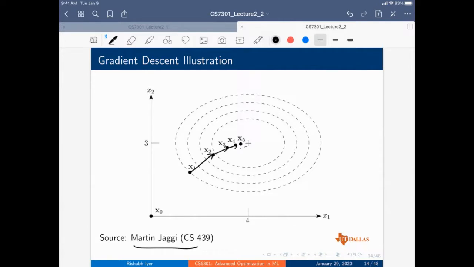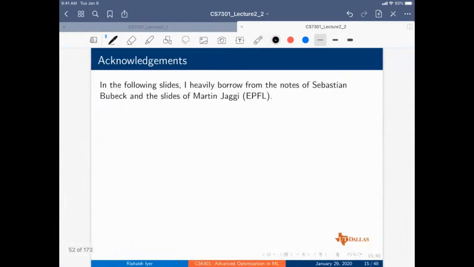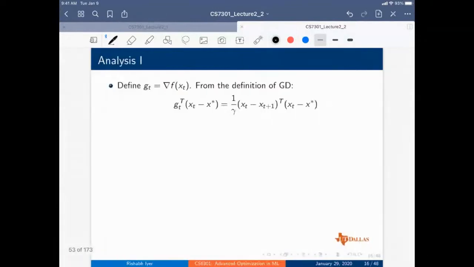The question is, can we theoretically guarantee the number of iterations required for gradient descent to converge? It turns out that the answer is yes. And this actually holds because of the nice properties of convexity.